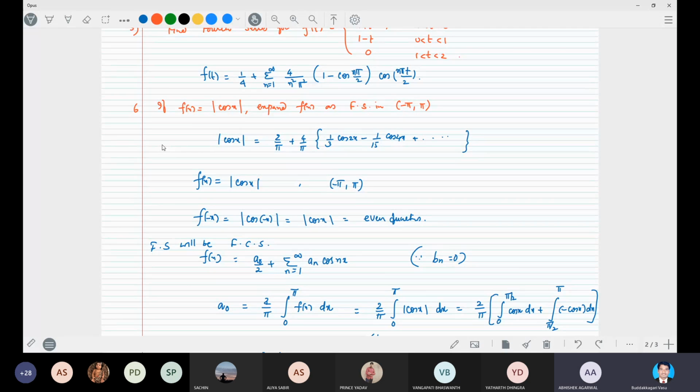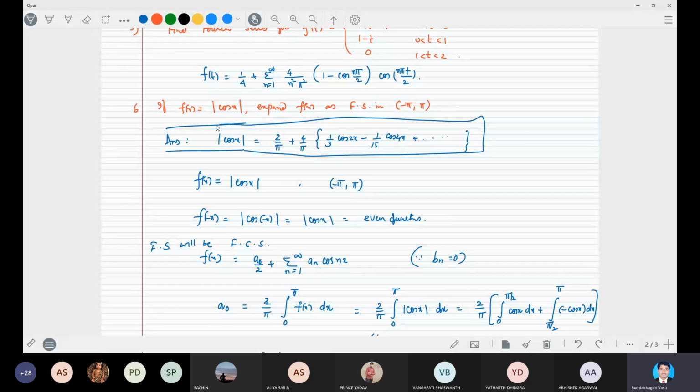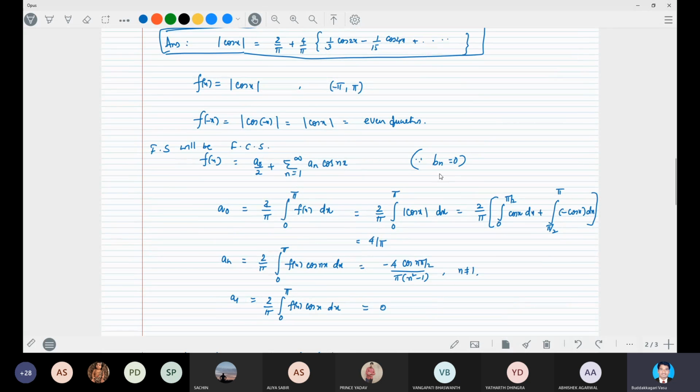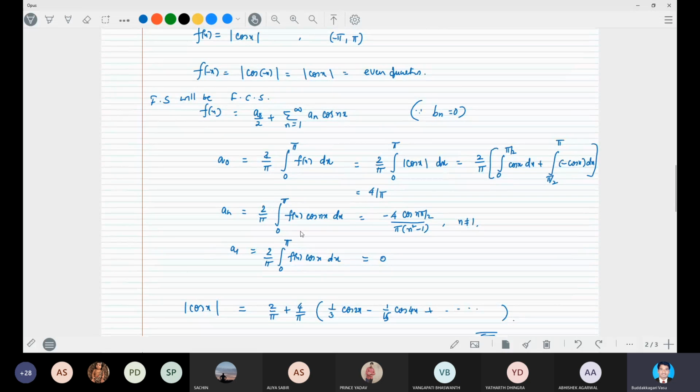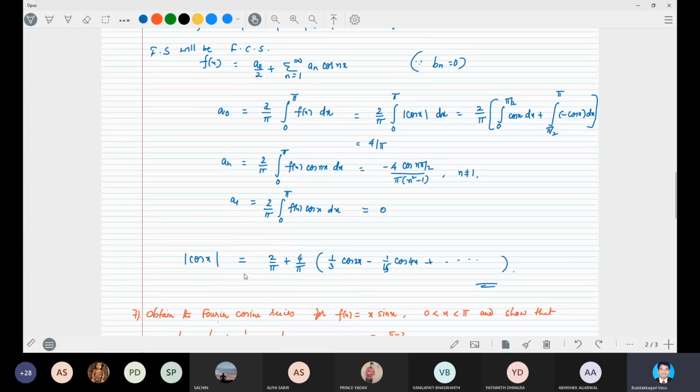Yes, sir. This is the answer. This part, don't confuse. f(x) is equal to modulus cos x. You can see this is an even function, so therefore bn is equal to 0. No sine terms. So find out a naught and an. Okay, so hence modulus cos x is equal to this much.